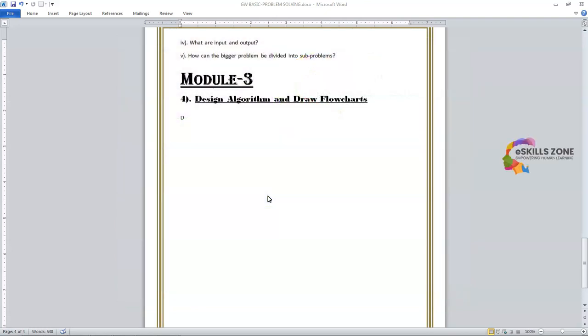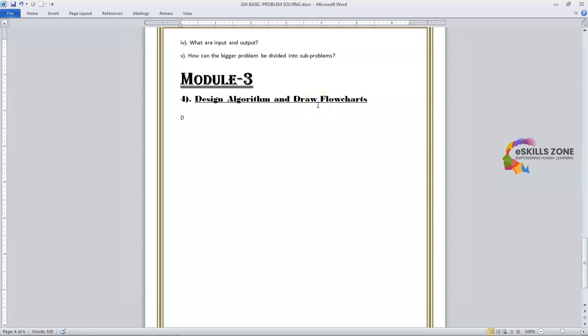Today in this video we are going to learn a very important and vital phase of the problem solving process. This is called design algorithm and draw flowcharts. Both of these are different things. An algorithm is basically step by step instructions given to solve a problem, and drawing a flowchart is a graphical representation of an algorithm.